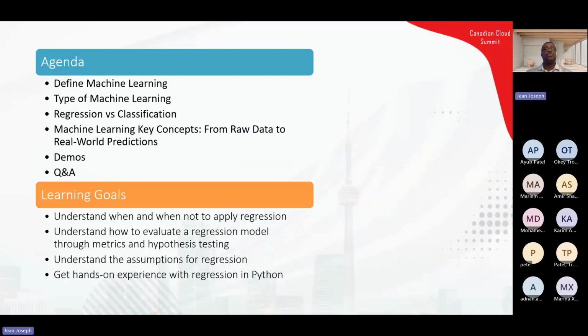And also, due to limited time, we will skip the fluff and dive straight into how these models work, when to use one versus others, and also how to evaluate them. I guarantee that by the end of this session, as I mentioned, you will have the confidence and also clarity to kick off your own machine learning project. First of all, let's get started.